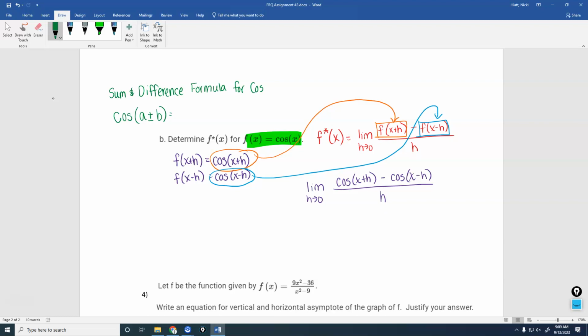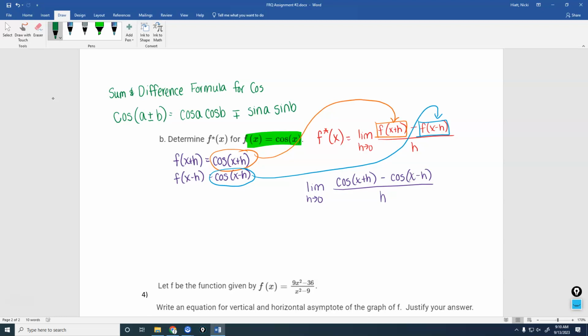Don't forget to change the sign. So right here you'll have an A, a B, an A, a B. And then where this is a positive or negative, we change it to a negative or positive.